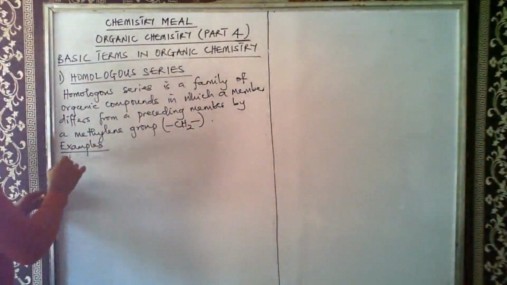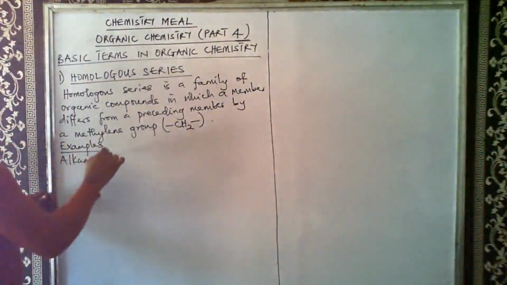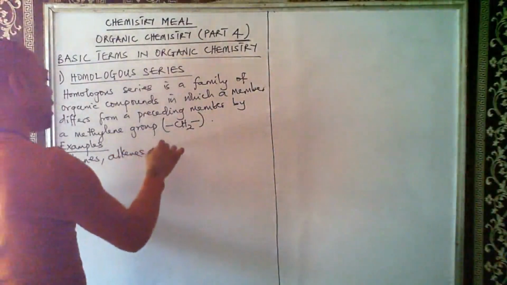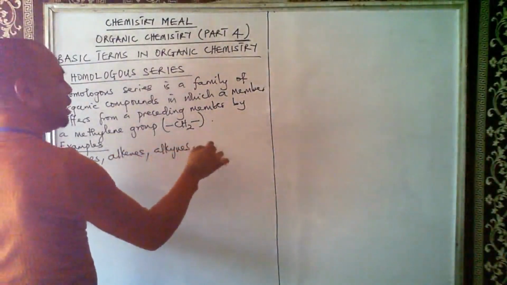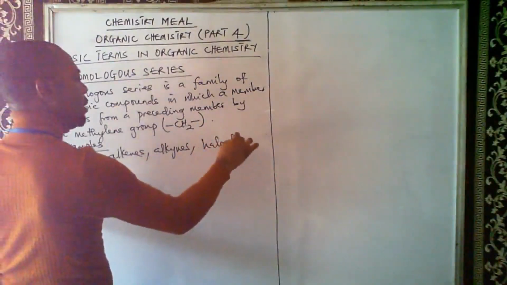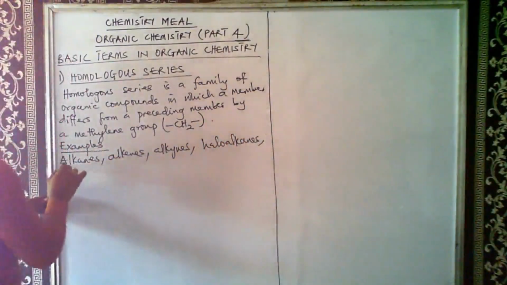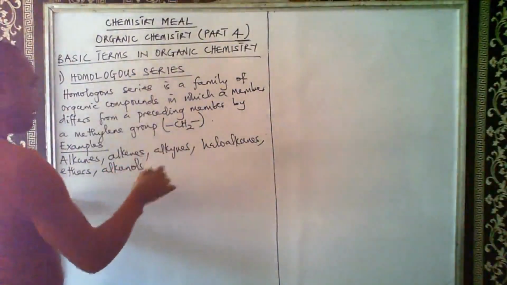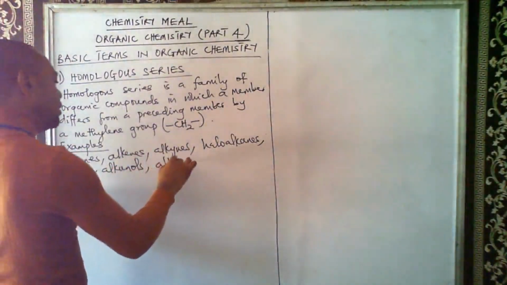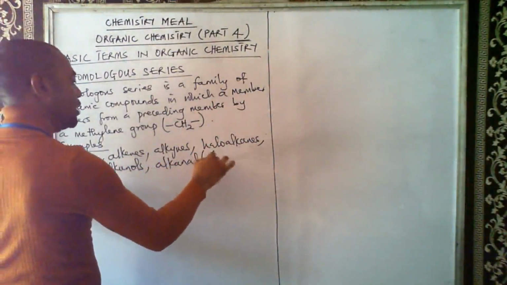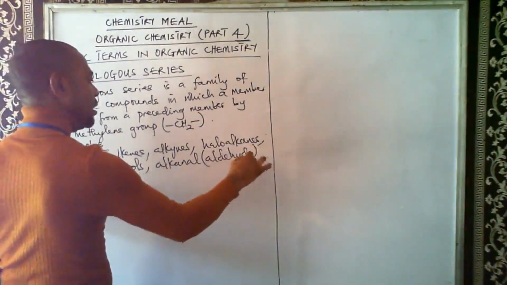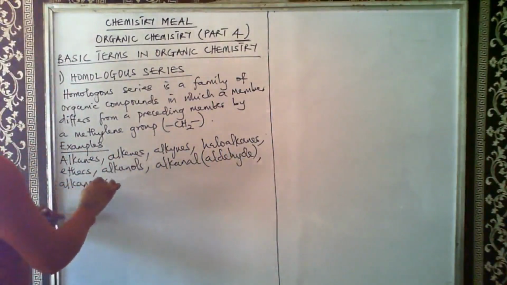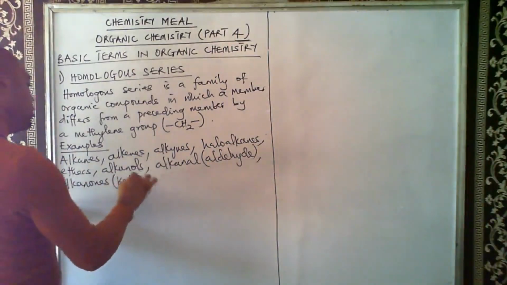Alright, what are the examples of homologous series? We have alkanes, alkenes, alkynes, haloalkanes, ethers, alkanols. We have the alkanal, which is the aldehyde. Then we have the alkanones, that's the ketones.